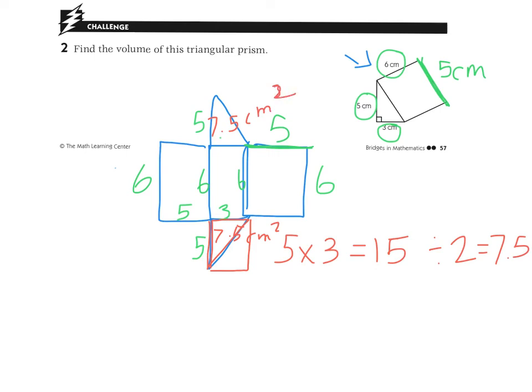Then the same thing, we would solve for these areas of all the rectangles just as we have all week, knowing that this one would be a 5 by 6, this is a 3 by 6, and this is also a 5 by 6. We put all those measurements together, add them all up to find the total surface area of this triangular prism.